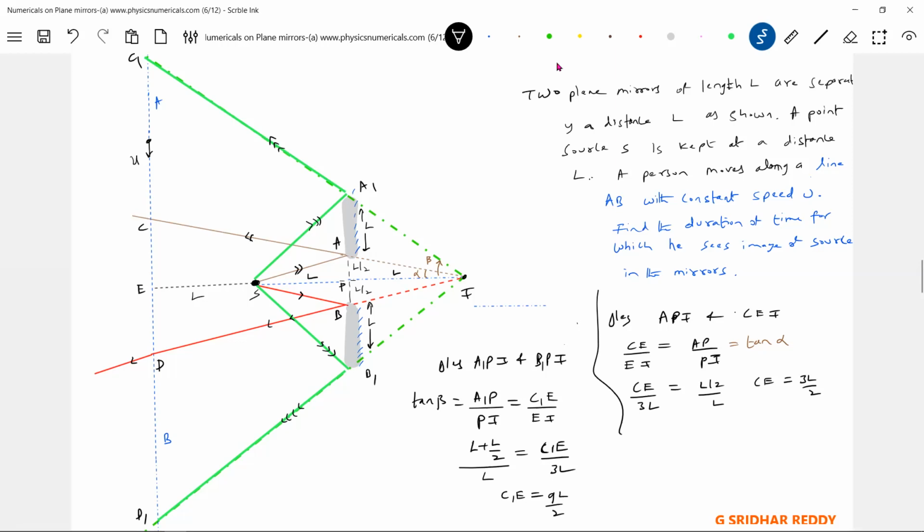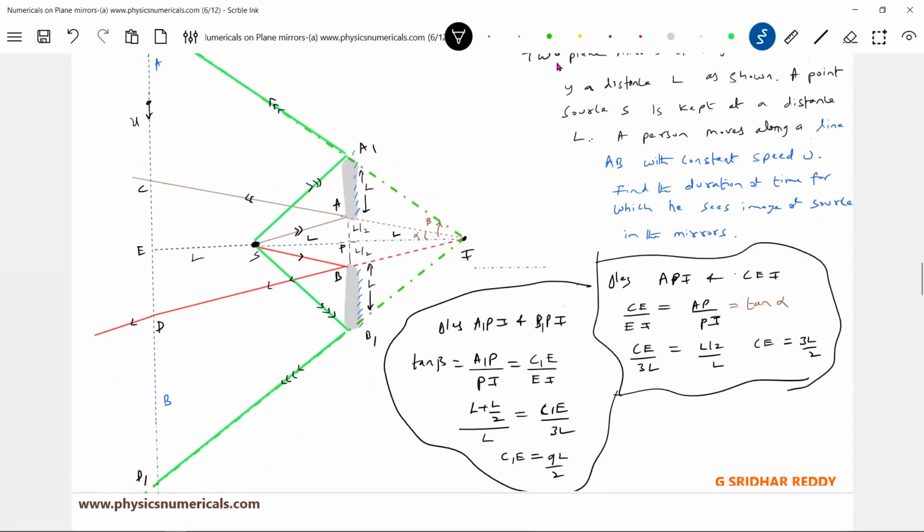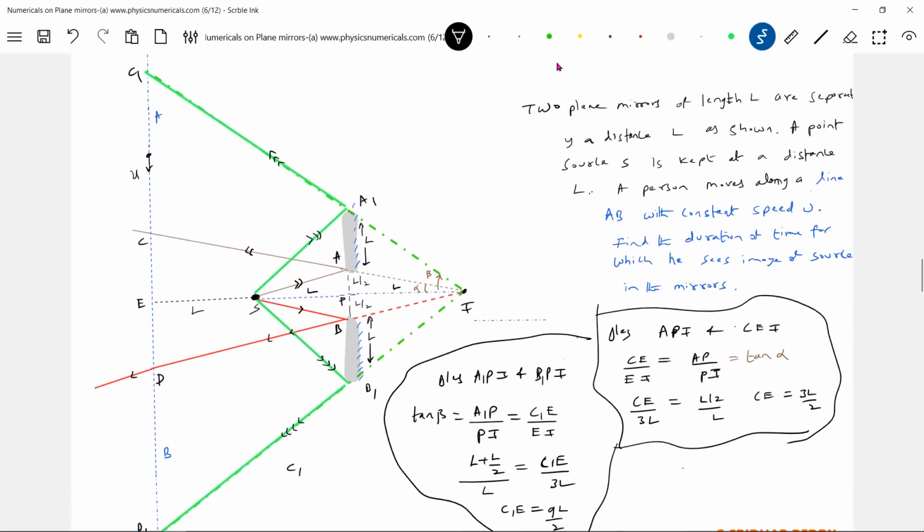CC1 is 9L by 2. So we want the distance C1C. So these are the two sets of calculations. Okay, how to get the distance? C1C should be equal to C1E minus CE.